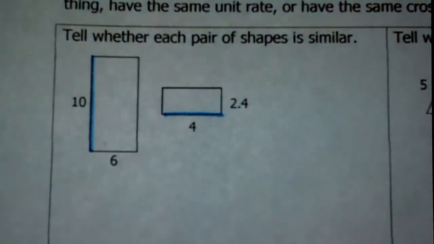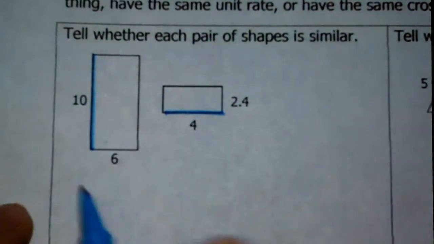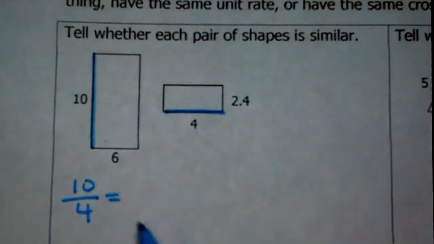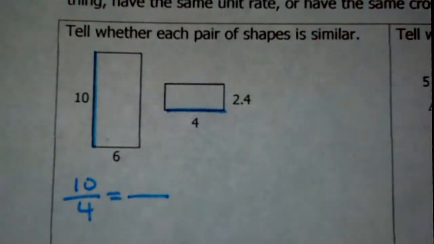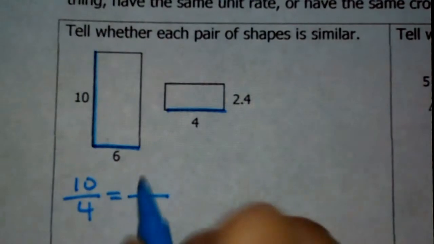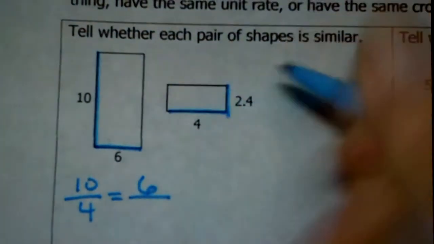So when I set up a pair of ratios, I'm going to start with 10 to 4. Now I want to know, since we're setting up a little proportion here, if 10 to 4 is equivalent to, now I have this other side length here, 6. That's the shorter side length. That's going to go with a 2.4.